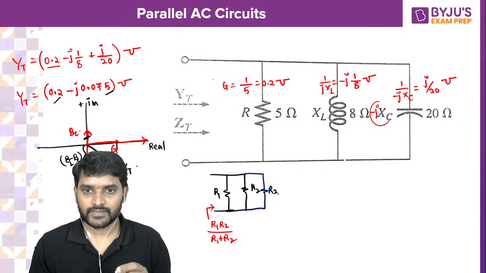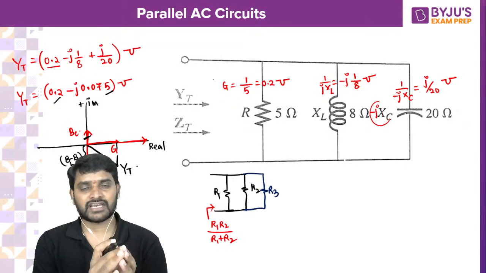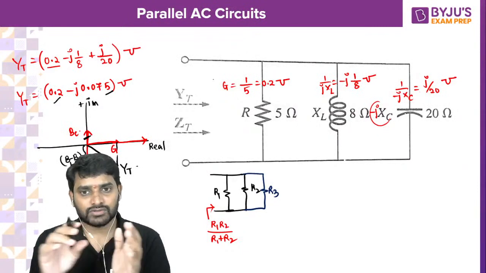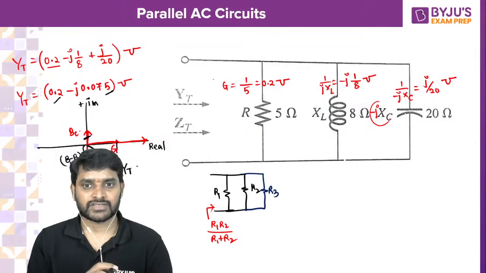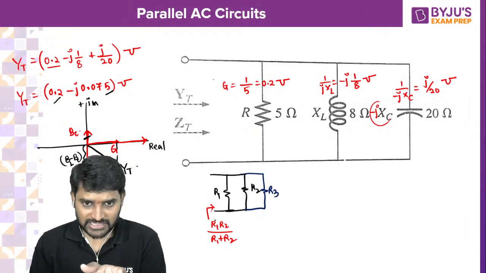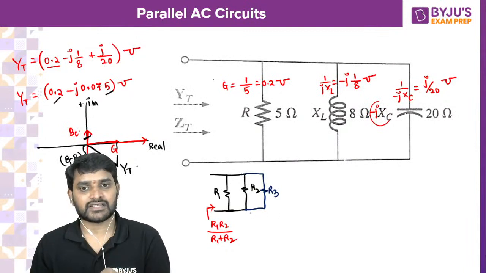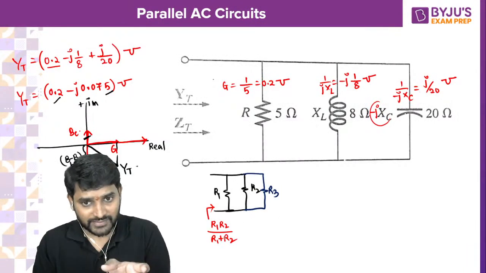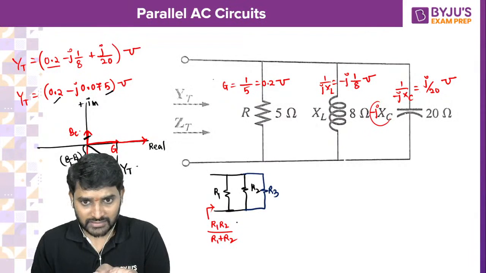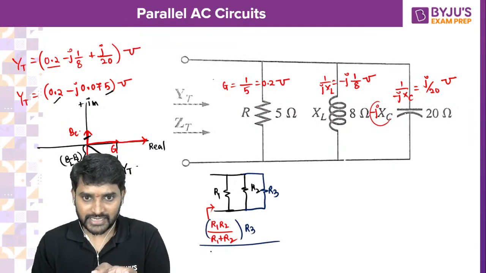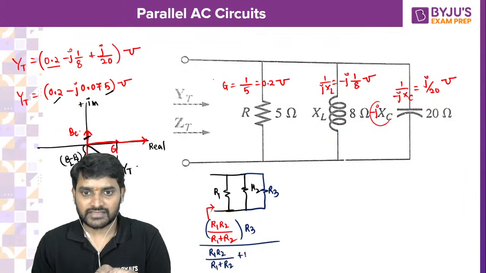Already I have a parallel combination of R1 and R2. Now I am going to join R3, which is in parallel with this quantity. So it is into R3 divided by R1 R2 divided by R1 plus R2 plus R3.